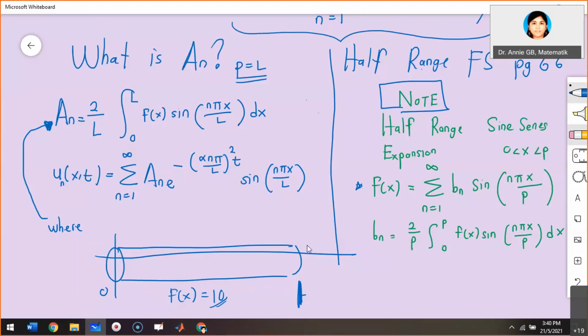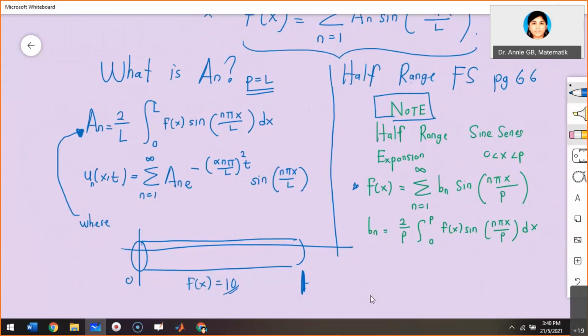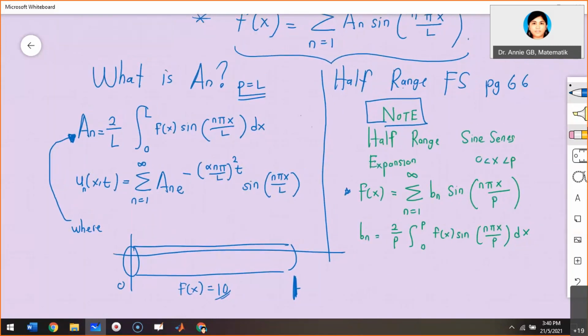You have to follow the step by step. What are the steps? First, use separable variables to separate it into x and t, and then find the ODE for t, find the ODE for x, and combine them back. After combining, apply the first boundary condition and the second boundary condition to find constants A and B, and then apply the initial condition to get the remaining constant. Now, your solution will always involve this half range.